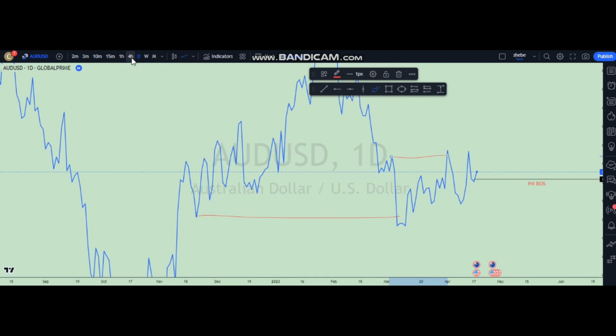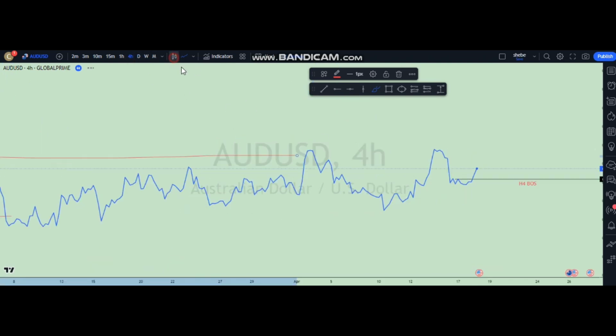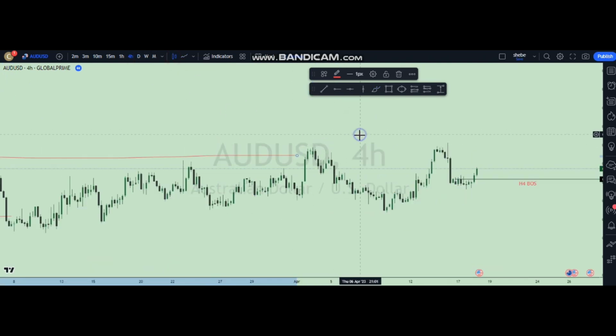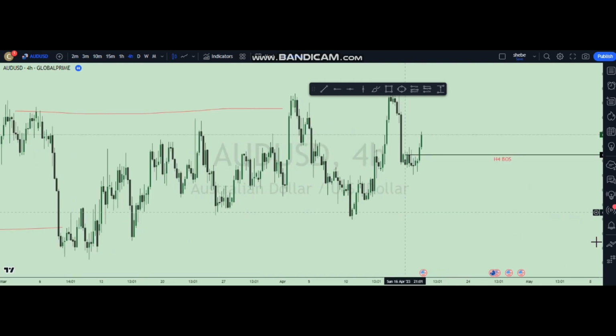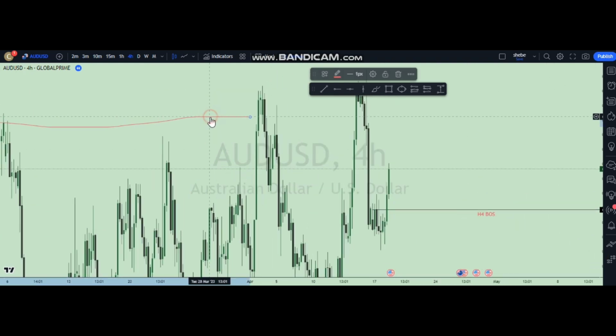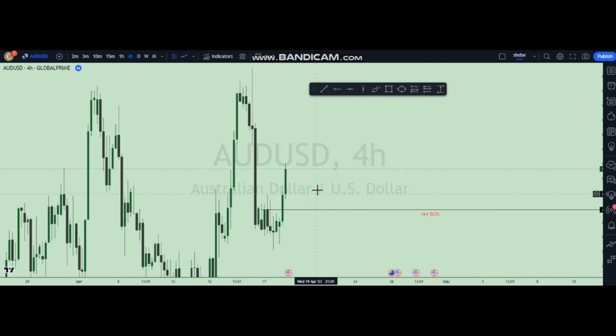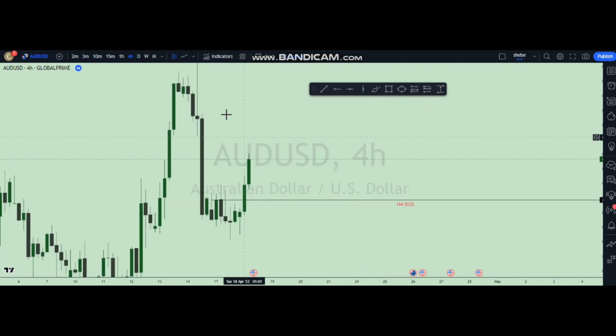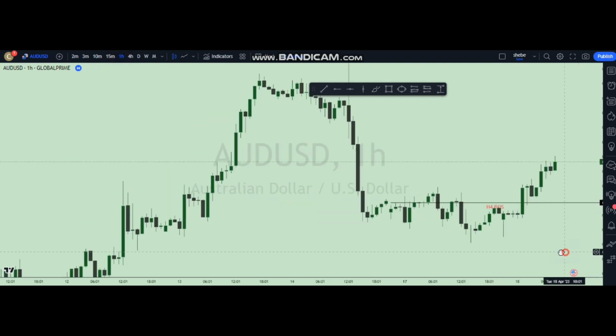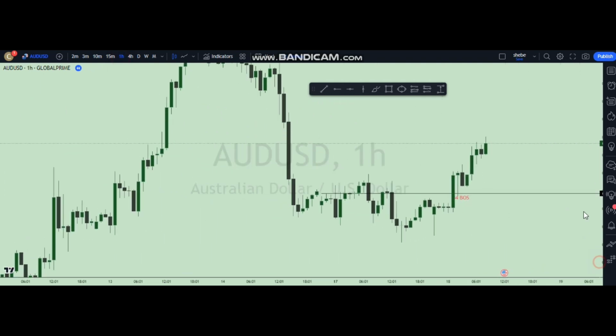Also, our break of structure gave us the set point that we are going to take a sell trade on this one. So what we could have done now, like I usually say, is go to the 1 hour time frame and find the 1 hour break of structure.